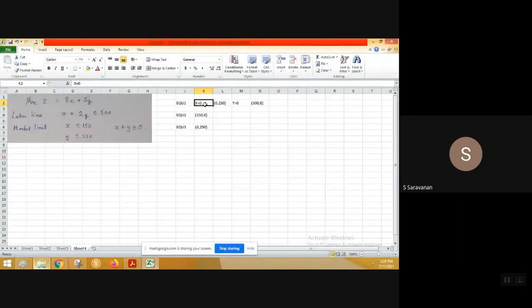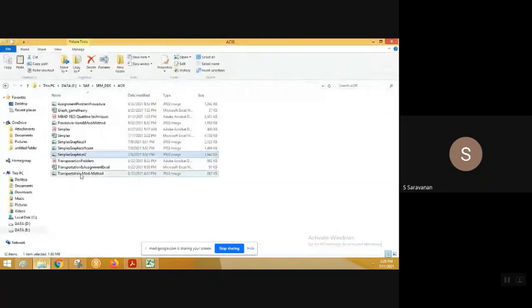Okay, so I think you have made a note of 0, 250 and 500 comma 0. So that is for equation 1. I'm not able to copy, so I'll just explain in the JPG file itself.